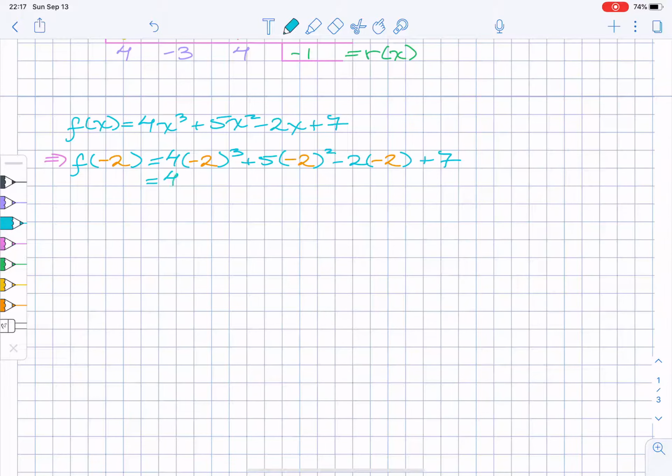So this is 4 times negative 8, plus 5 times 4. 2 negatives make a positive 4 here, plus 7.